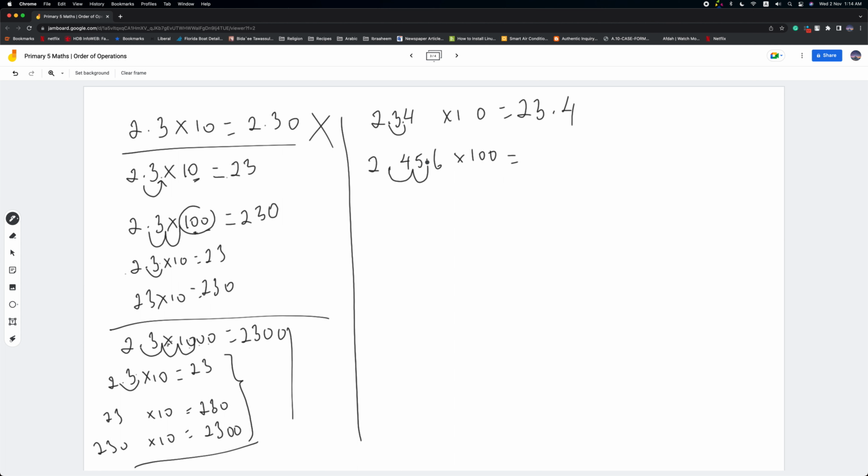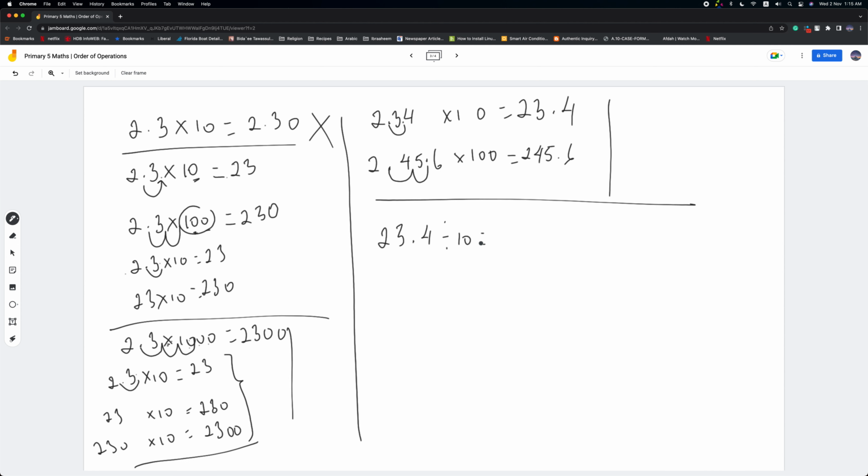You can see where the decimal will land and end up at. So that's the answer. Alright, now until this part here is quite clear, because you just need to move one direction to make the number larger. When we introduce divide now, let's say we have 23.4 divided by 10. Okay, now you have to remember that you have to move the other direction.